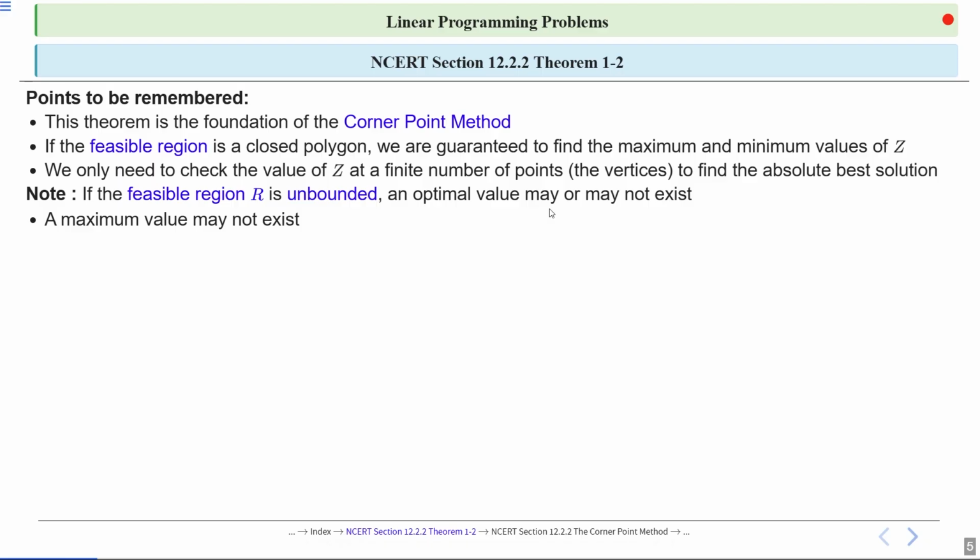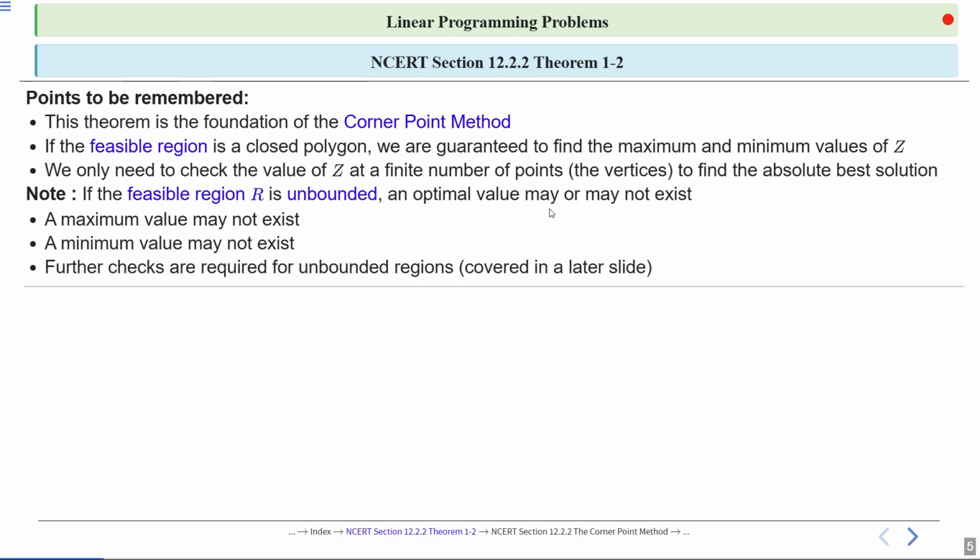For example, in the set of natural numbers, there is no largest number. A function might not have a minimum value if its output can decrease indefinitely. This occurs when the function approaches negative infinity without reaching a lowest point. Further checks are required for unbounded regions, covered in a later slide. So for unbounded regions, additional verification is needed. This ensures accurate results when boundaries are not finite.